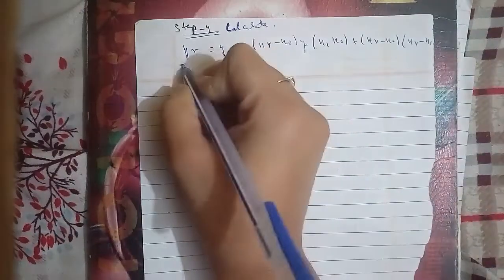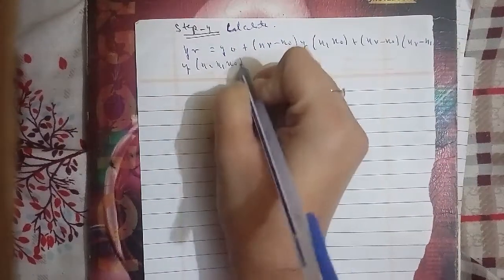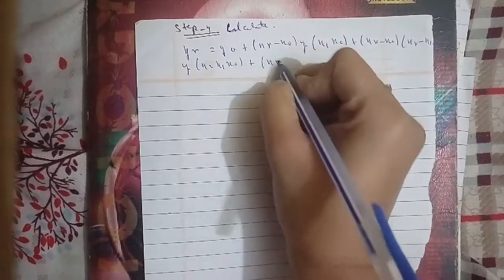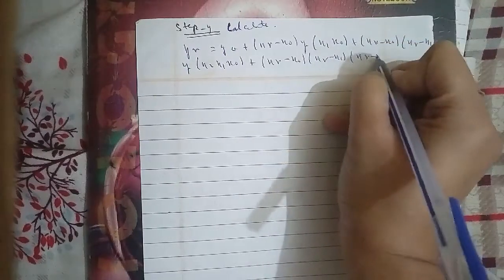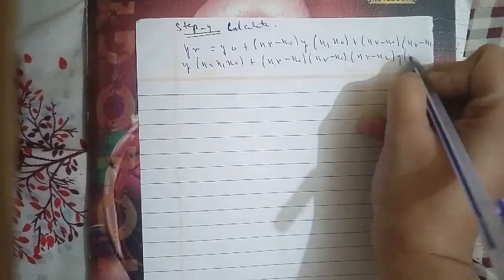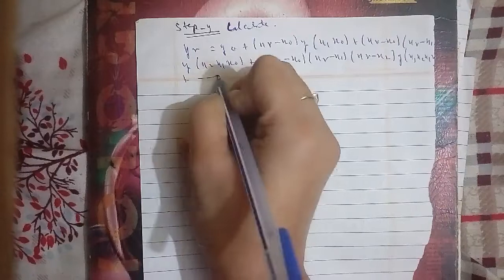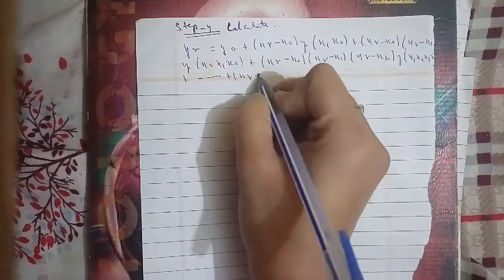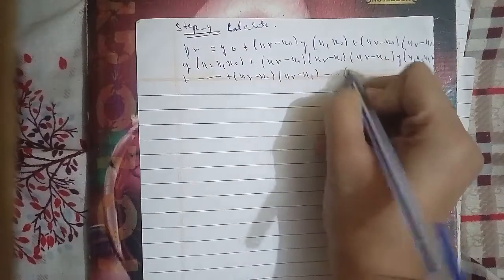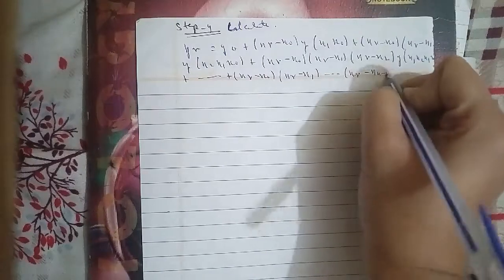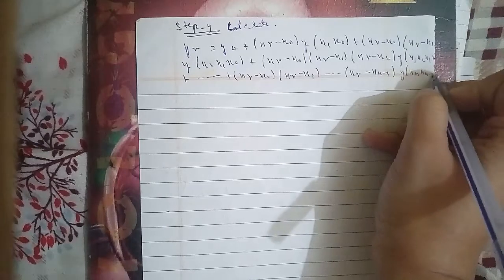Now we go ahead to step 5. The interpolated value of y at x equals to xr is equal to yr obtained in step 4, that is f(xr) equals to yr.